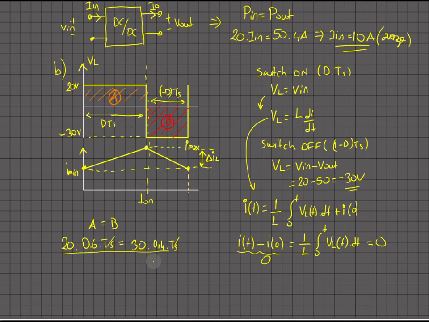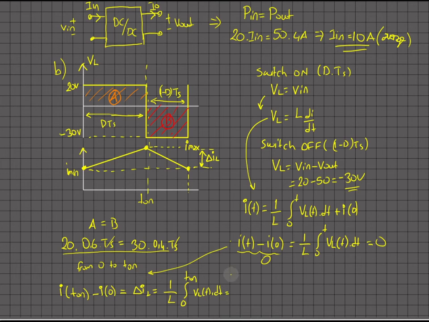So for that one, let me write again. I will use that equation, but from 0 to T on. T on is here. So I can write I at T on minus I at 0, which gives the delta I L here, and it is 1 over L, integral from 0 to T on of V L dt.